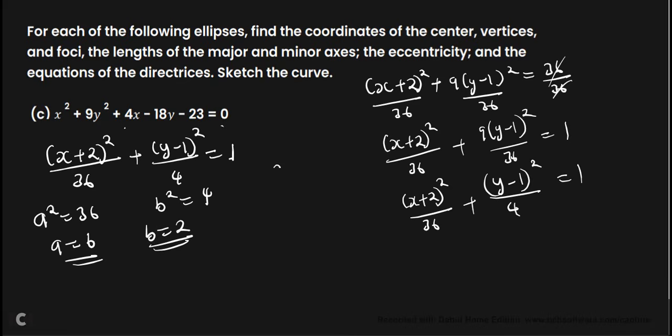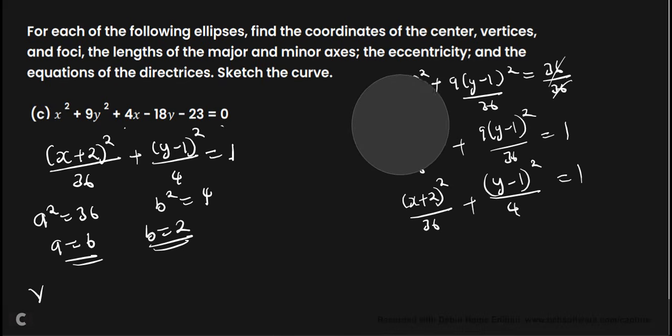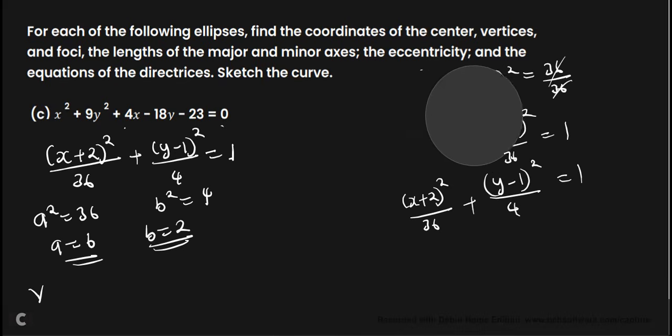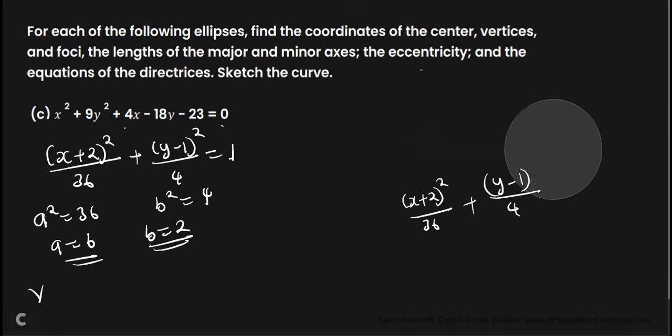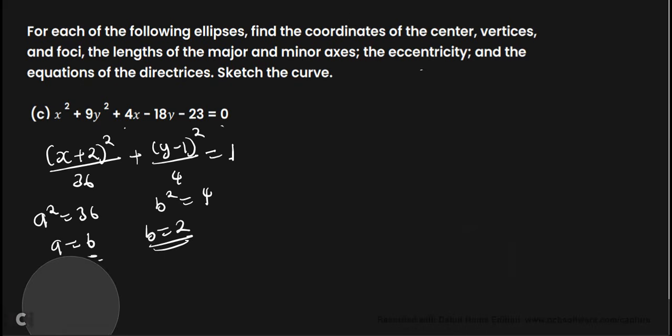Now you have this situation, right? Let's find the vertices in this situation. Before you find the vertices, you need to find what we call the center. So the center for this one will be h, k, like that.